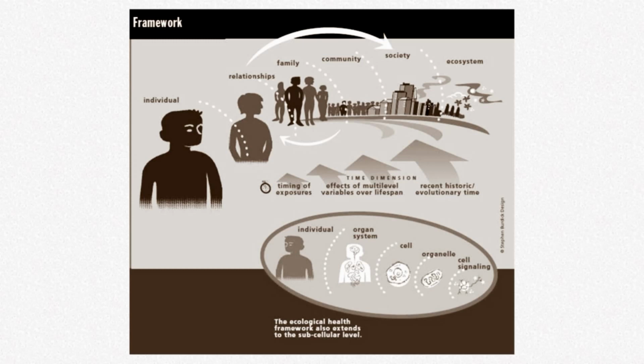You can include that in your model if you want to, but really we want you to zoom out. And this is going to be the most important part, because you might be able to talk about individual behavioral risk factors, some of the social interactions or the household risk factors, but we really want you to get out to the community, societal, and ecosystem risk factors.